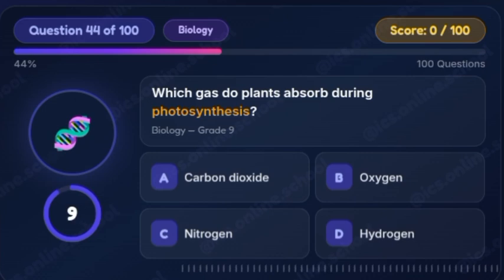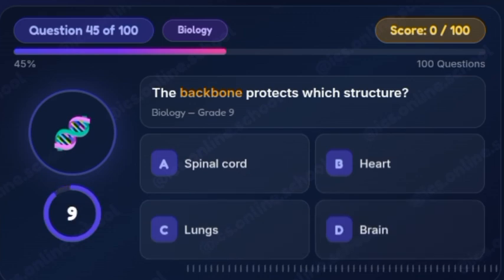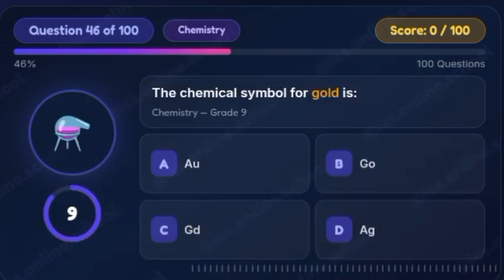Which gas do plants absorb during photosynthesis? Carbon dioxide. The backbone protects which structure? Spinal cord.